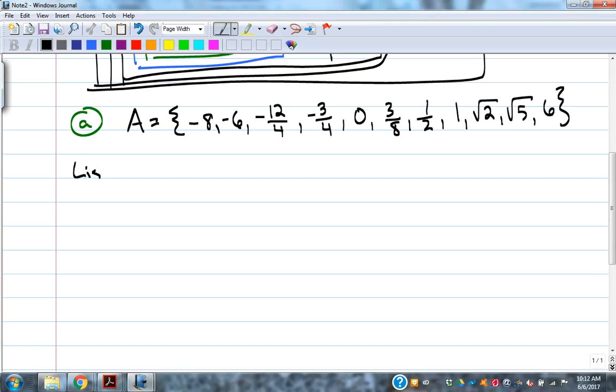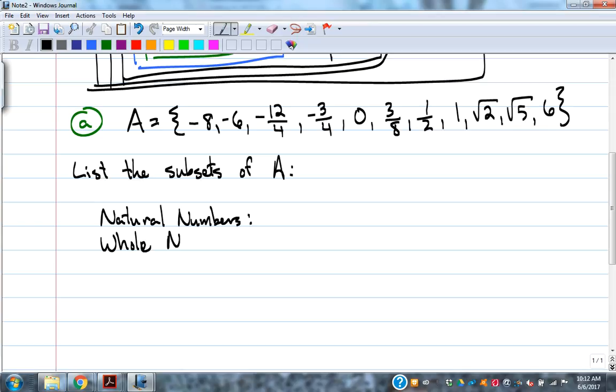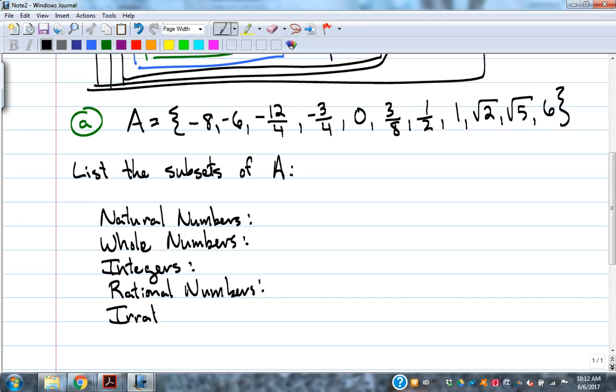We're going to list the subsets of A that are natural numbers, whole numbers, integers, rational numbers, and irrational numbers.